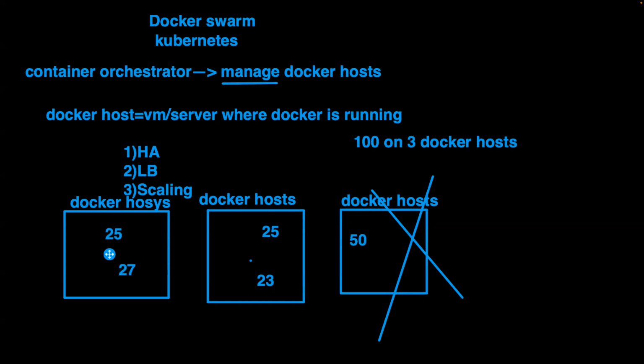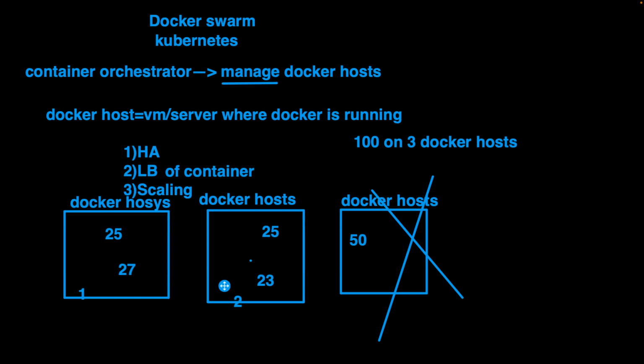Load balancing here is load balancing of containers on the cluster. See, this bunch of Docker hosts is nothing but a cluster. Load balancing of containers means how many should be there on Docker host 1, how many on Docker host 2. This kind of thing is done through the container orchestrator.